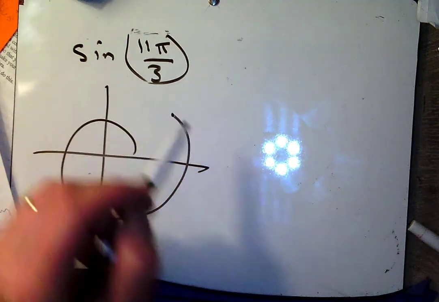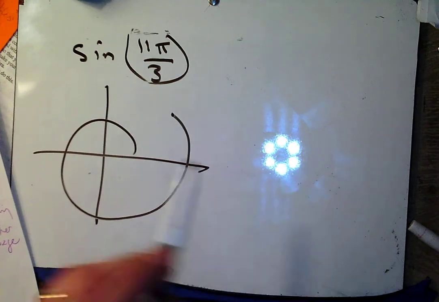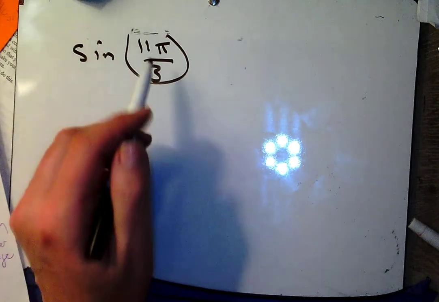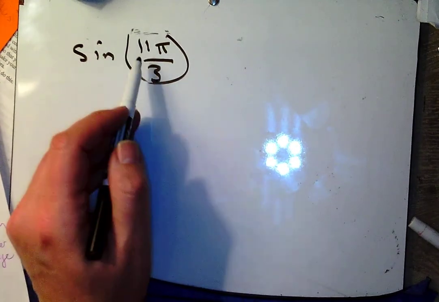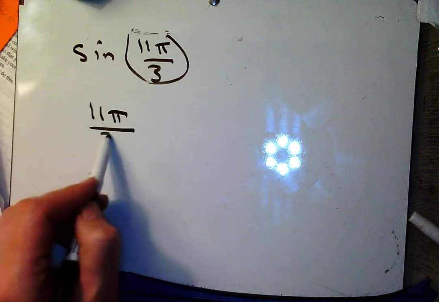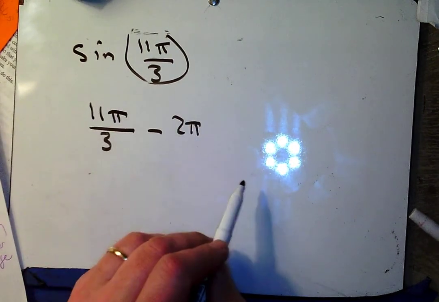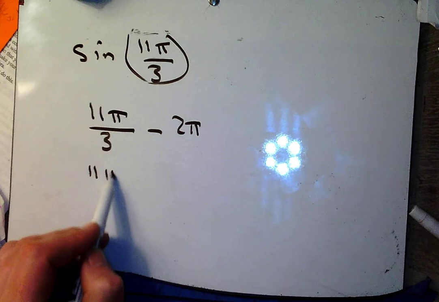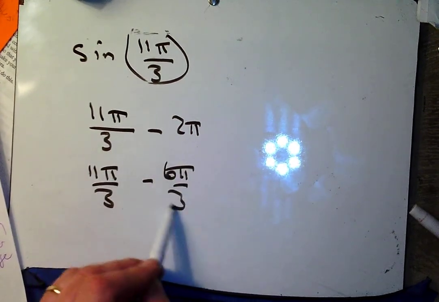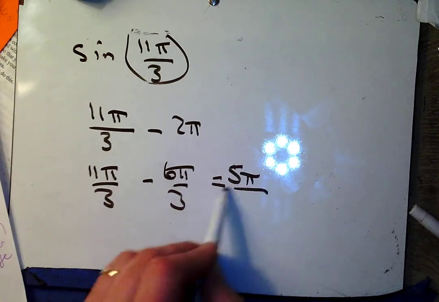In fact, where is it? And this is why I like to use coterminal angles. If I have an angle that's not on my unit circle because it's too big, I want to subtract 2 pi, which is the same as 11 pi over 3 minus 6 pi over 3. I get 5 pi over 3.